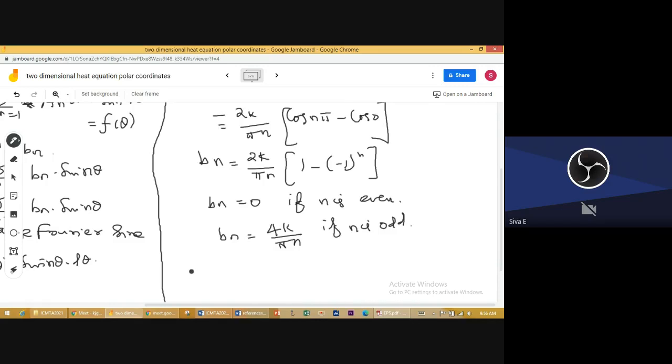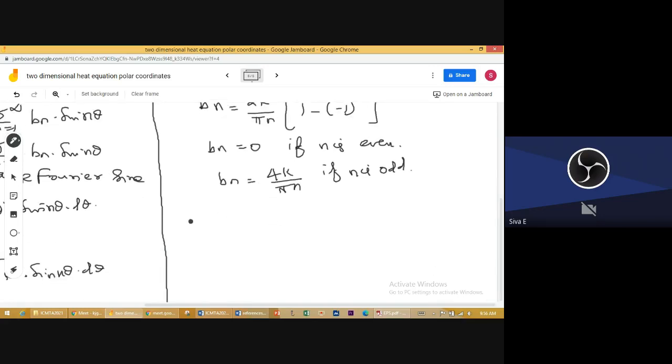So what is the final answer here? Final answer: u of r comma theta equal to 4k by pi, summation of n equal to 1, 3, 5 to infinity, 1 by n, r by a whole power n sine n theta.